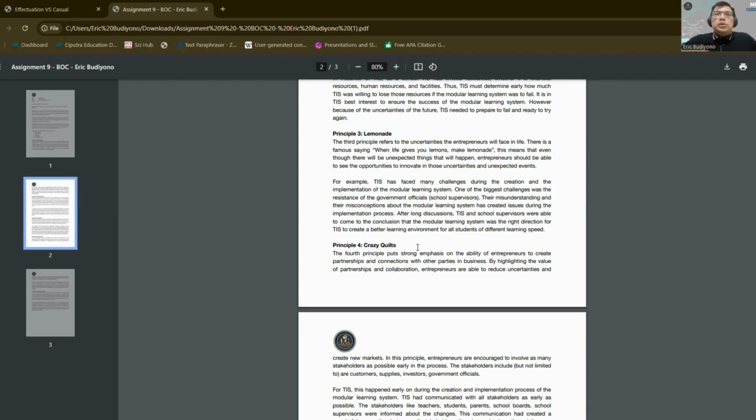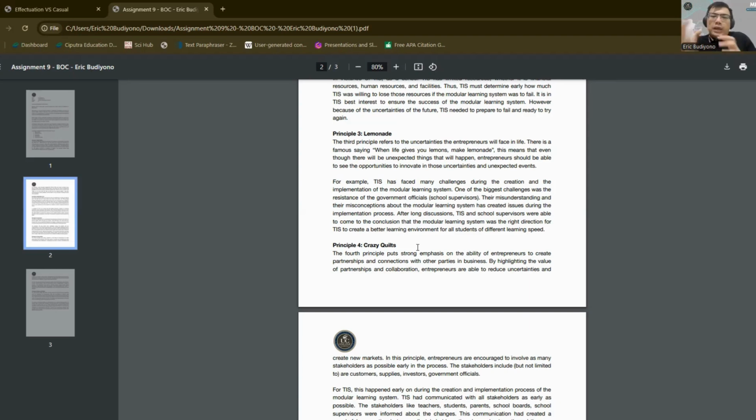He asked another question. Do you think that this modular learning system will help the students to achieve their goals in the future? And we said yes, definitely, because we have this belief that you cannot force the student to follow the school standard or the government standard when it comes to learning.